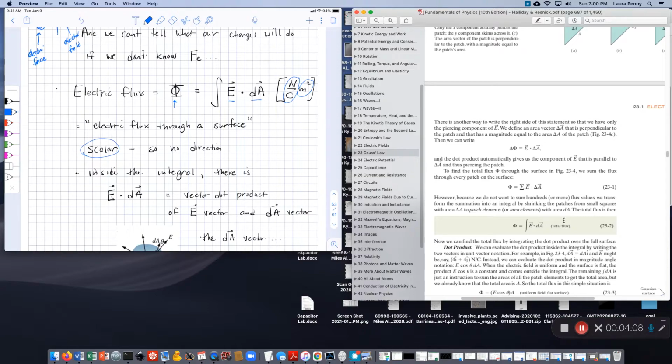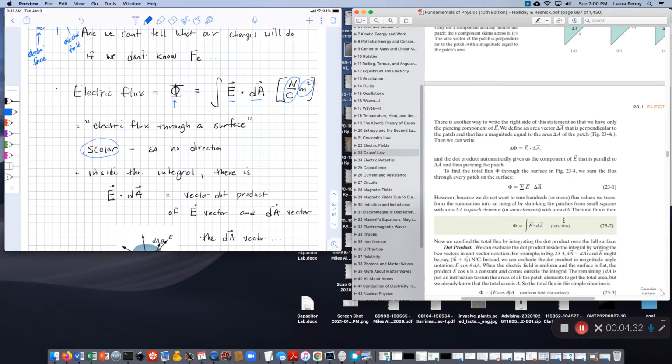And work could be negative and work could be positive, right? So scalars can be negative and positive, and that can tell you something about the physical parameter. But they're not vectors. The negative doesn't mean a direction. It just means some sort of negative quantity or positive quantity.